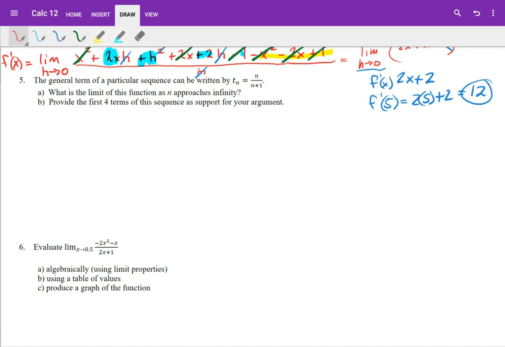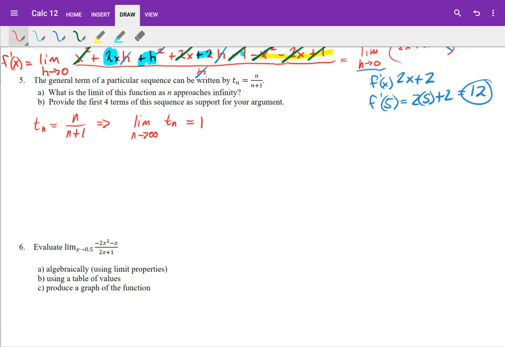Remember that for this one, Tn equals n over n plus 1. If I take the limit as n approaches infinity of Tn here, it's going to be infinity, right? Positive. Oh, sorry, that's incorrect. It's going to be 1, right?